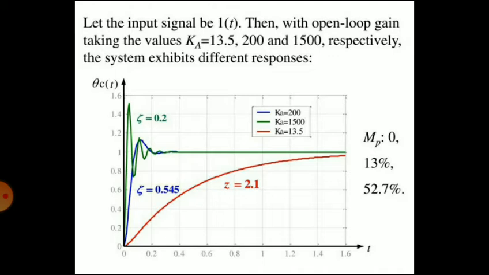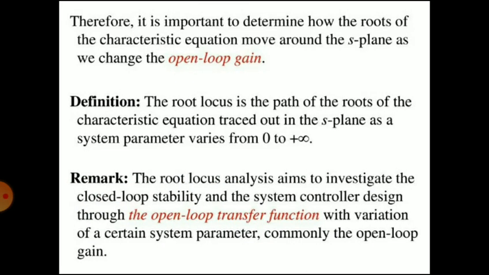So in a graph, for the different values of gain, we can see the different responses. Therefore, it is important to determine how the roots of the characteristic equation move around the S-plane as we change the open loop gain.